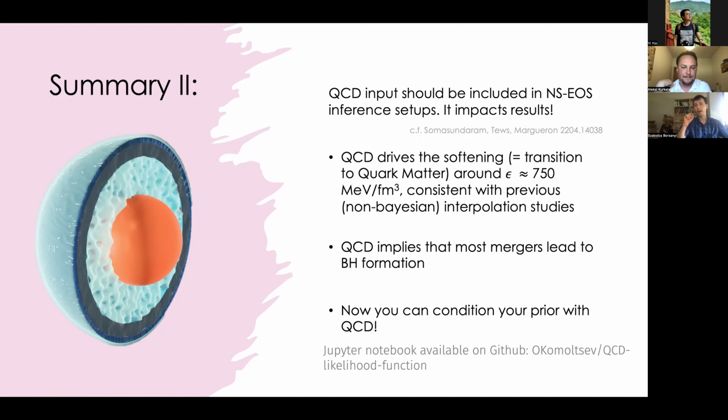Can you tell which part of the equation of state is responsible for whether you have a black hole in the end or you get some post-merger signal? It would be very nice to have some post-merger signal, but what are the chances? What part of the equation of state has to be different to get a neutron star rather than a black hole immediately?